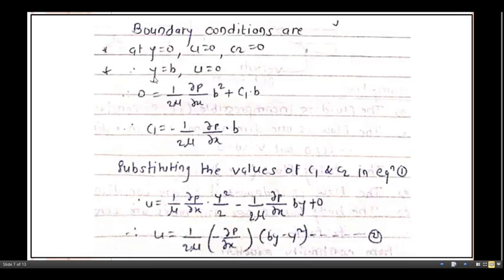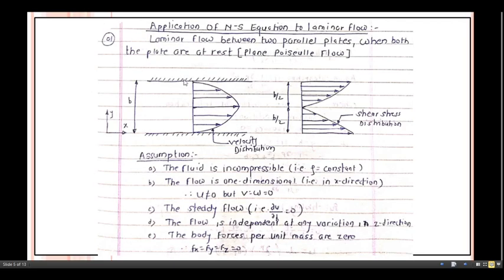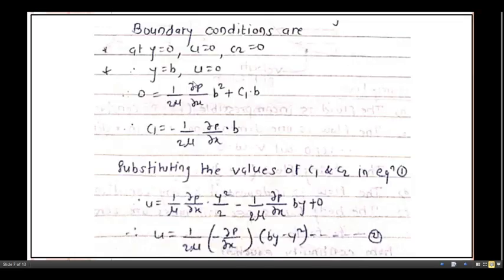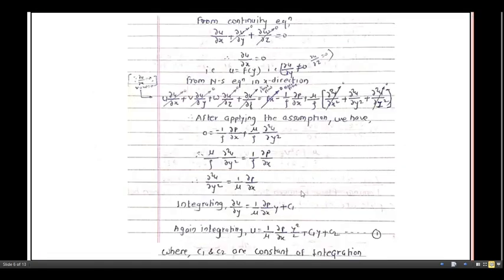If I put the boundary condition as y equals b, the velocity of the flow at the other plate also becomes 0. So we have to use these two boundary conditions, y equals b and u equals 0. Now if I substitute these values here, let us see what we get.